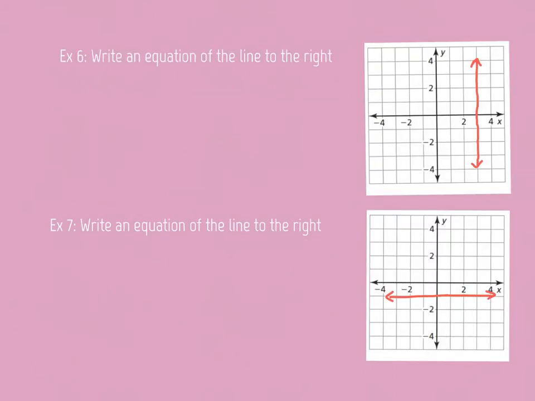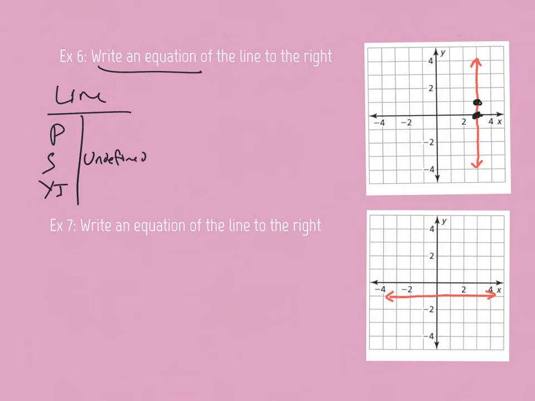Okay, last two problems. We got example 6, write an equation, line chart, point, slope, y-intercept, of the line to the right. I look at that line. Slope is undefined because it's vertical. I could pick any 2 points on the line.